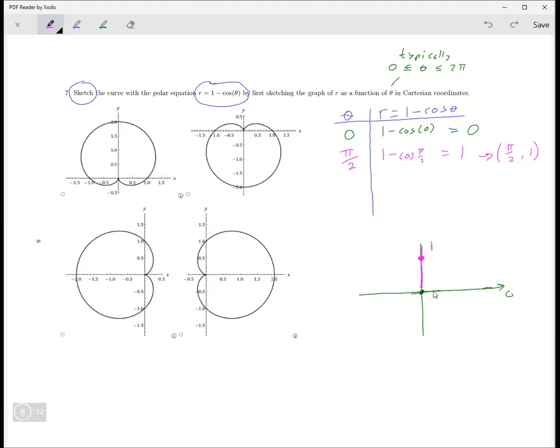So it started from 0, and as the angle got bigger, going from here to here, you went from 0 all the way to 1. As the angle increases, your cosine goes from 1 down to 0, which made 1 minus the cosine go from 0 to 1 in the radius.